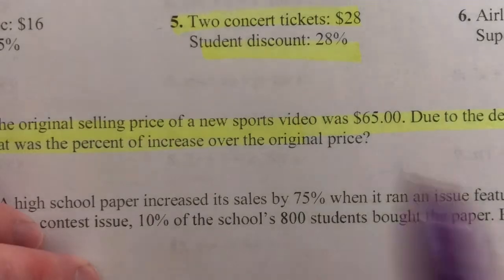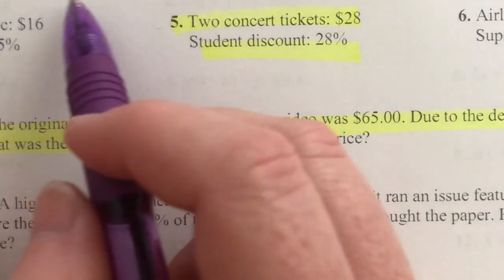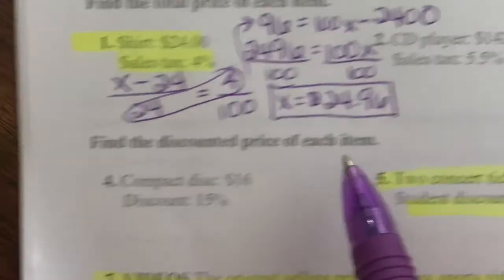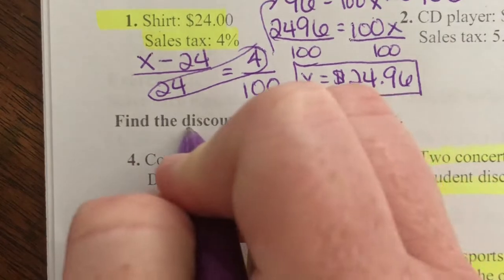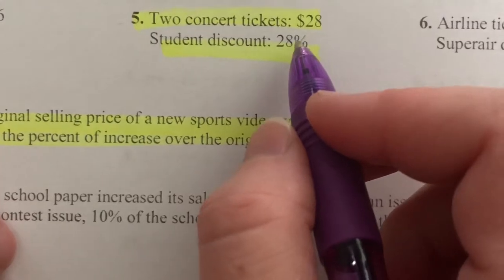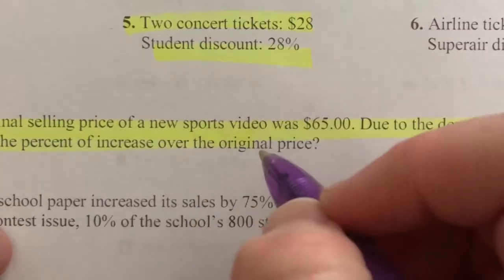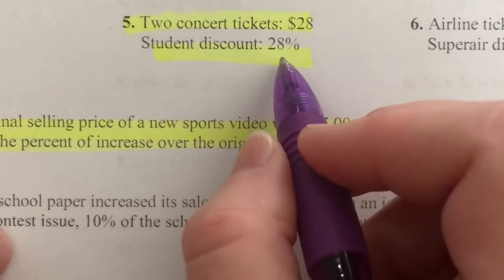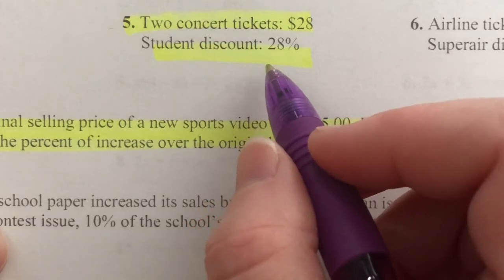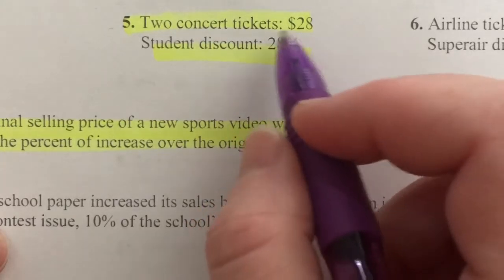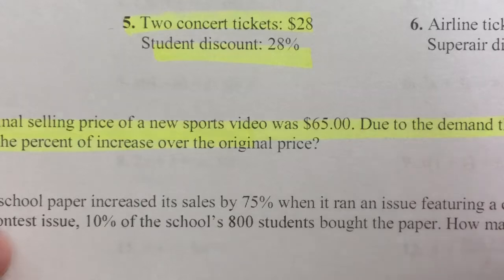All right, number 5. It says find the discounted price of each item here in these directions. Discounted, so it's going to be going down. 2 concert tickets cost $28. That's the original amount. The student discount, if you buy them and you're a student and you show your ID, you get a discount of 28%. So what's the new cost for the tickets after the discount?